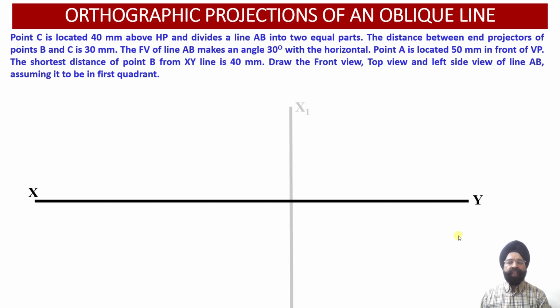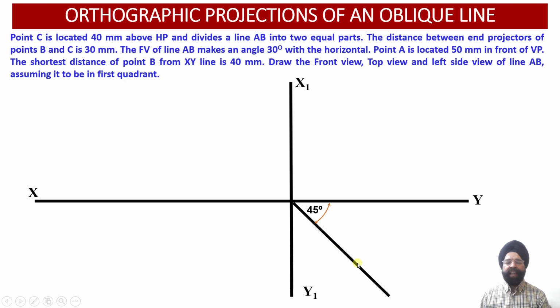So here we have got the XY reference line, the X1 Y1 reference line and the transfer line at an angle of 45 degree, which we require to convert distances from the top view into the profile plane. Now here we are required to draw the front view projections, top view projections and the left hand side view projections.